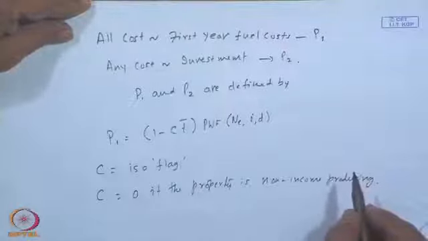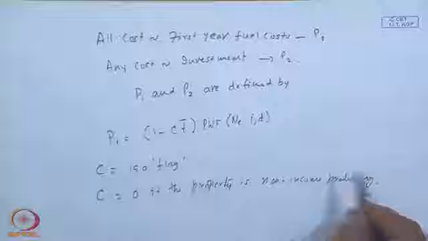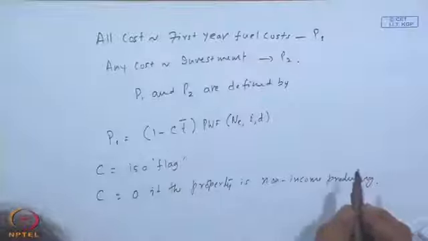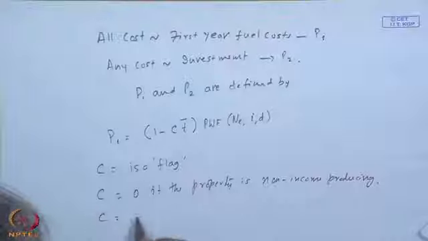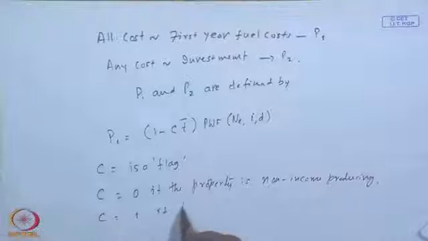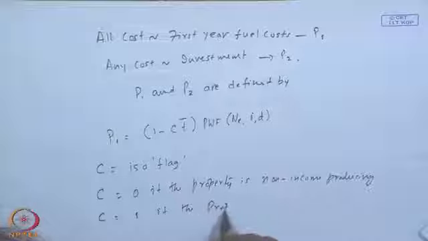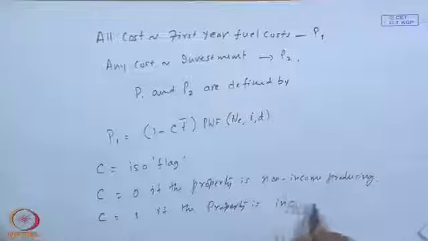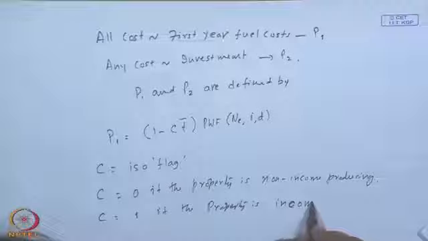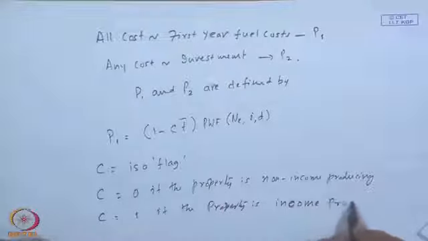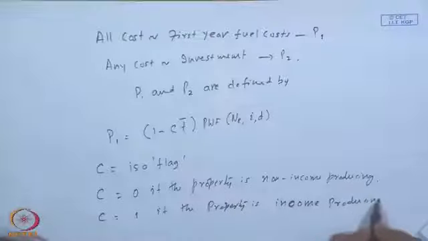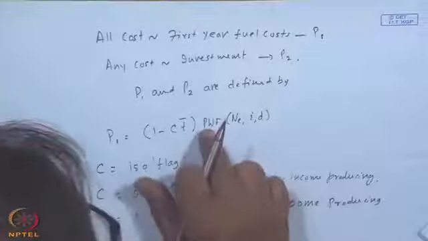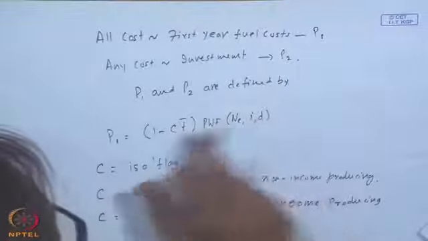But if it is used for degreasing or in any automobile industry or any other industry, it will be considered as income producing, and C should be equal to 1 if the property is income producing.